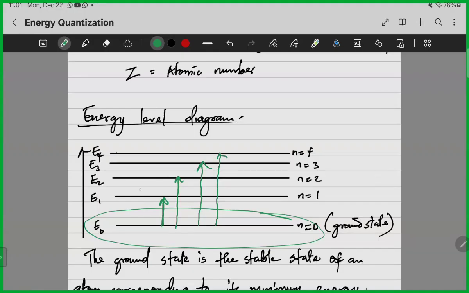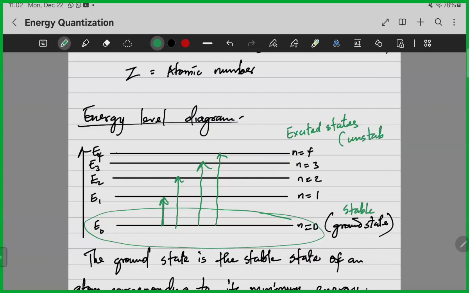But the ground state is the most stable, the lowest one. Every other excited state is unstable.